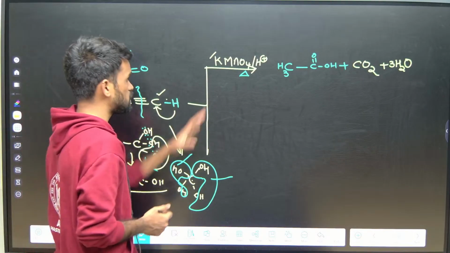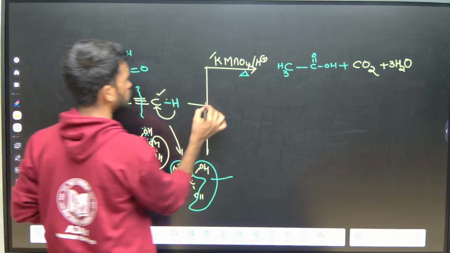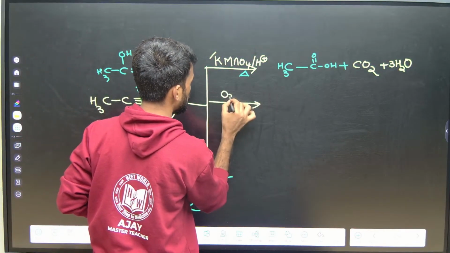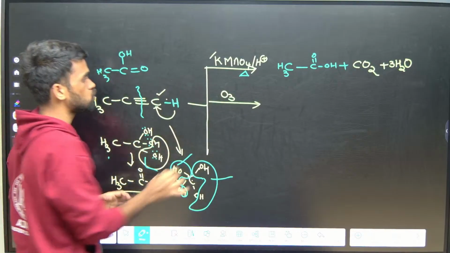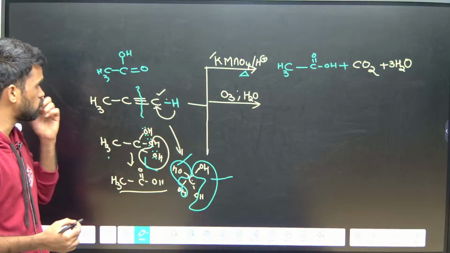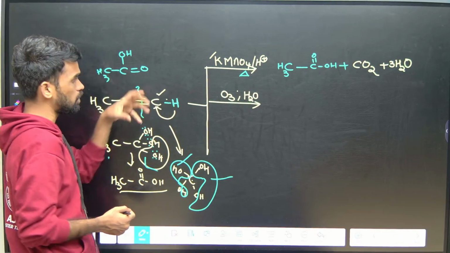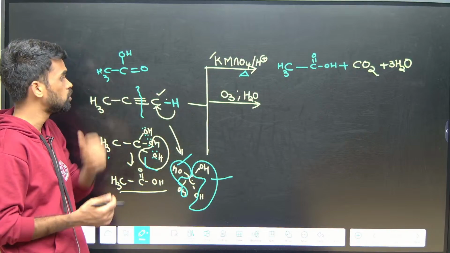And this is the very simplest way you can make your answer. Okay, and next, they will mention the ozonolysis reaction. See, if they simply mention ozone and water, what you need to do is, wherever we have a triple bond, convert that into carboxylic acid.